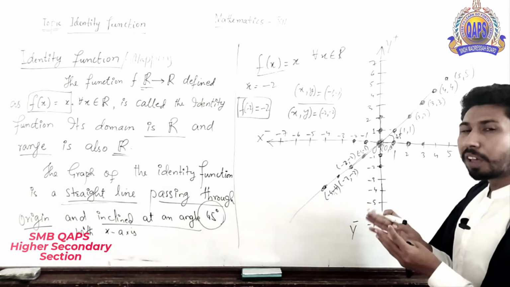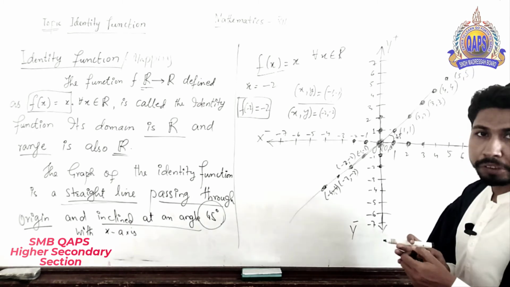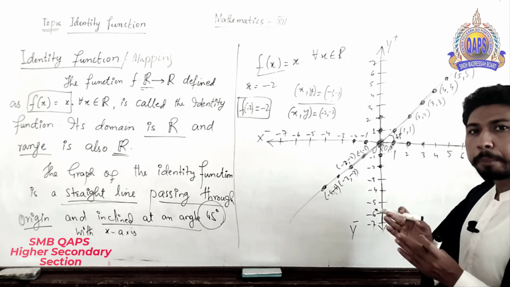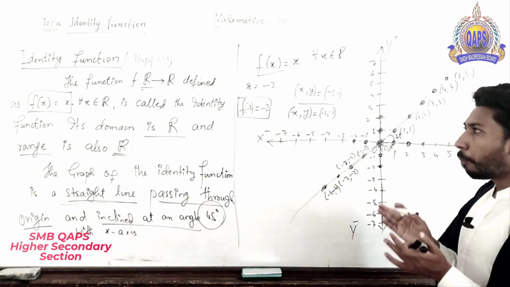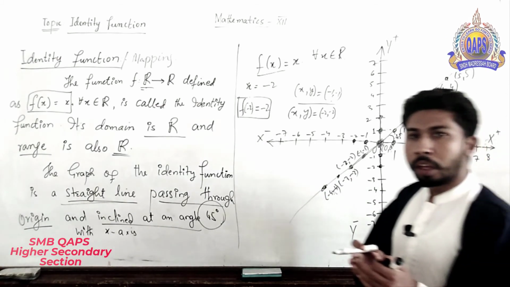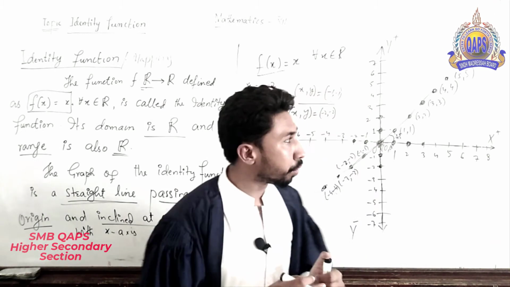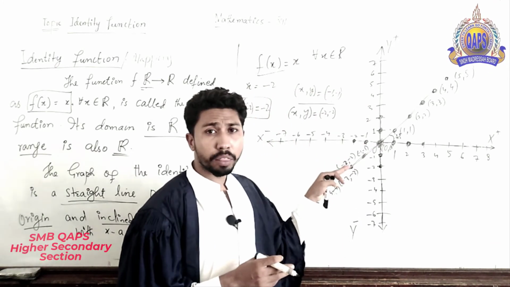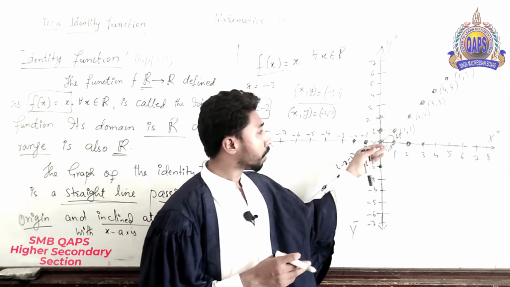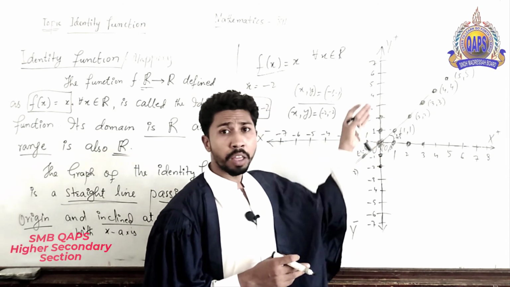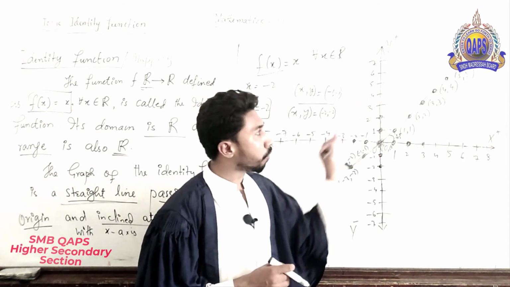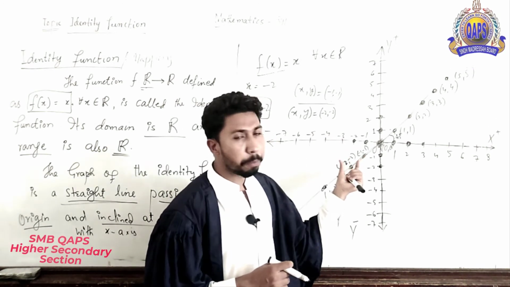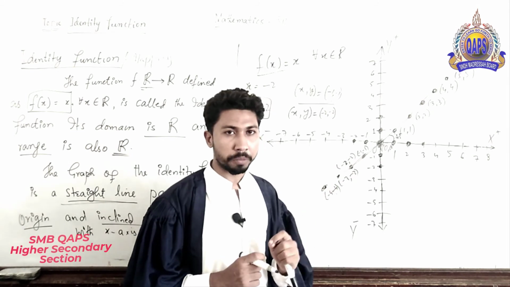This situation must represent the identity function, because the independent variable x and the dependent variable y both contain the same values, lying on the same line, which starts from the origin and has an inclination of 45 degrees. So this graph represents the identity function.